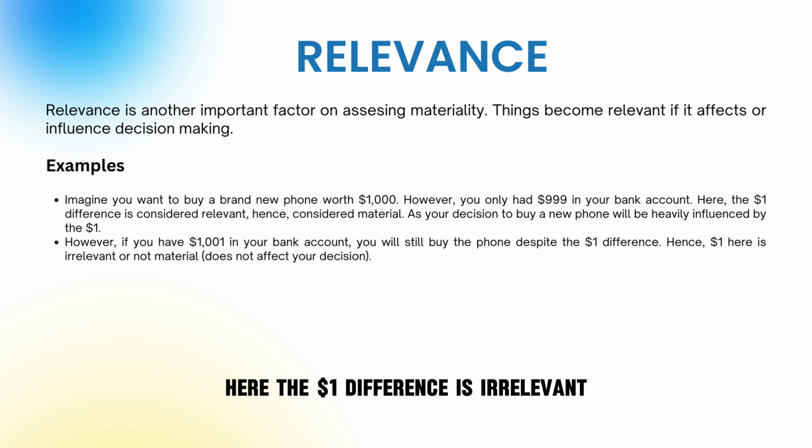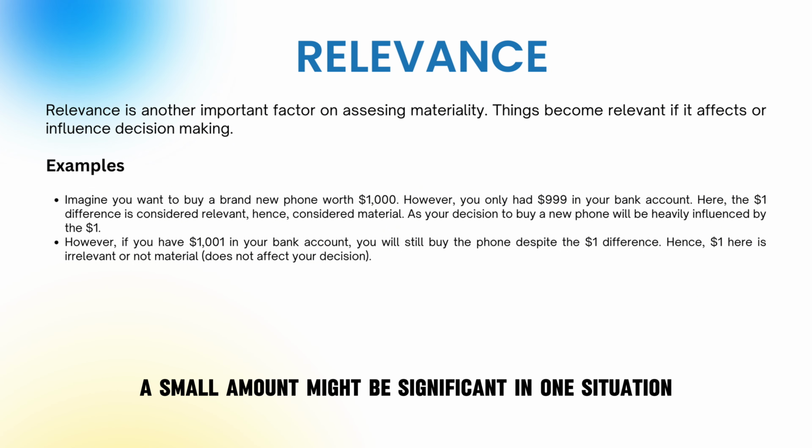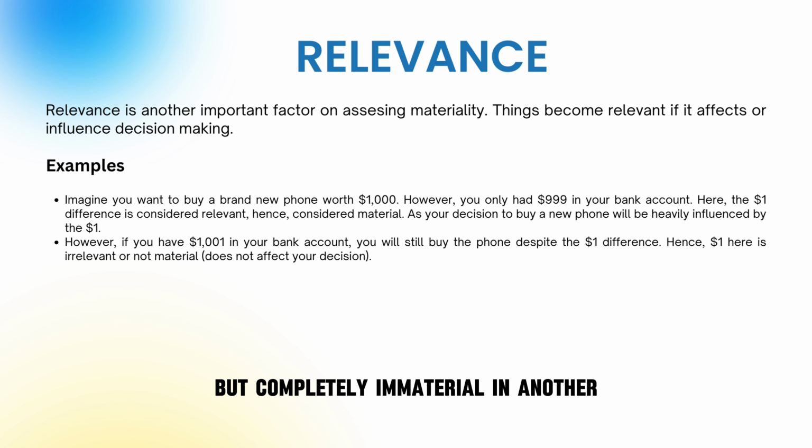Here, the $1 difference is irrelevant because it does not affect your ability to buy the phone. It is not material to your decision making in this scenario. This example shows how relevance is context specific. A small amount might be significant in one situation but completely immaterial in another.